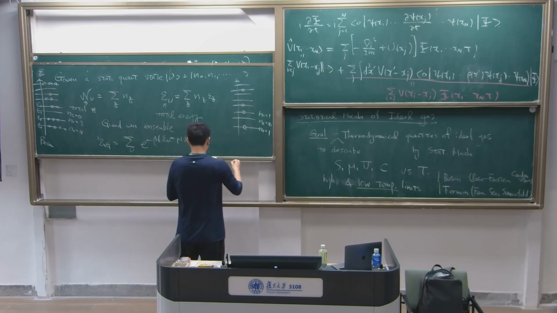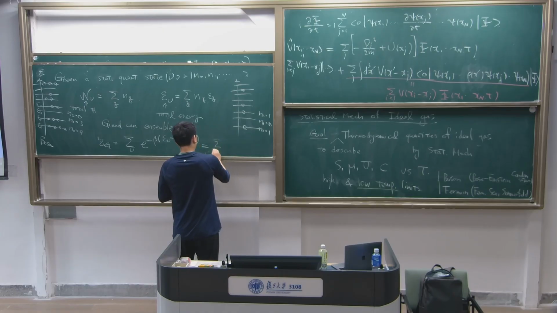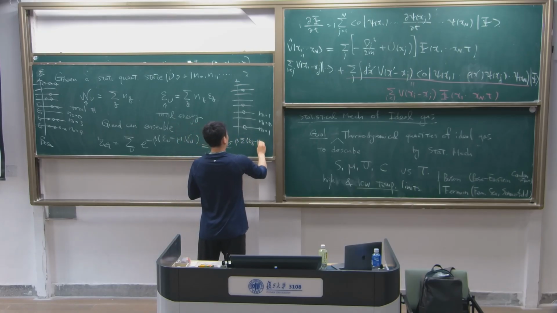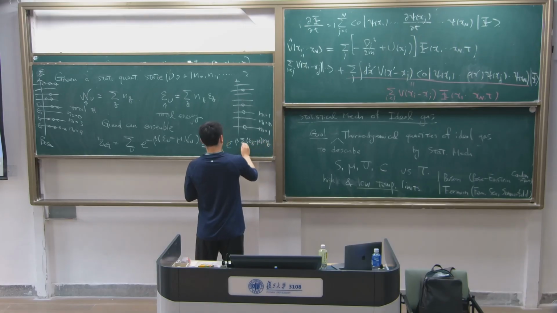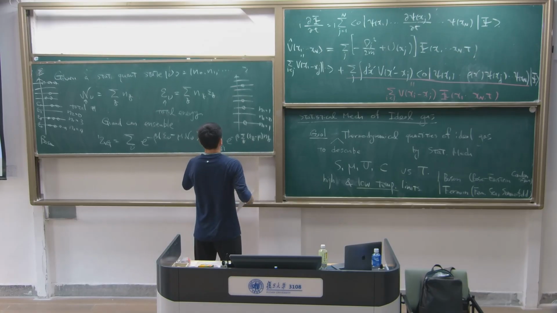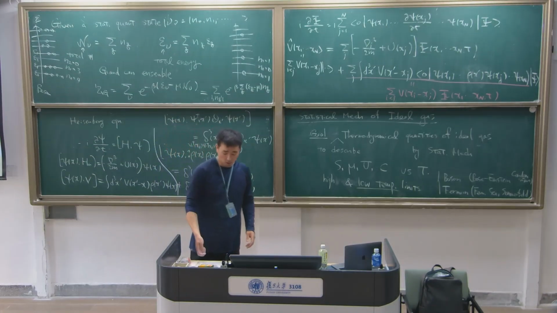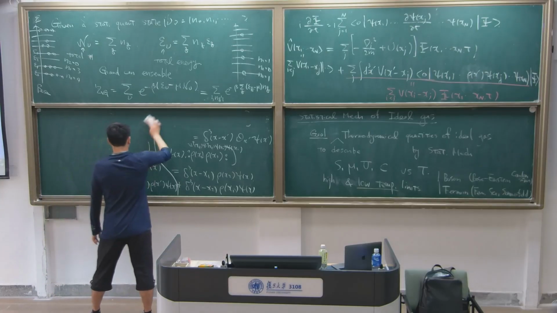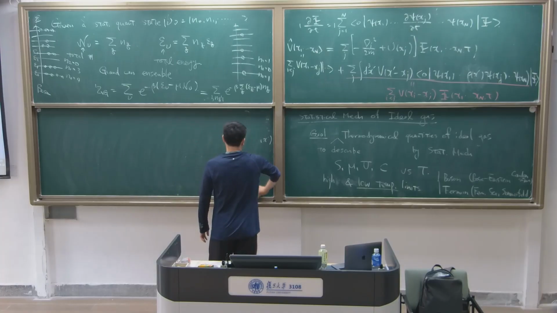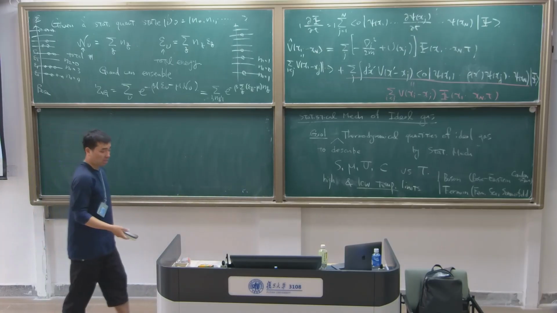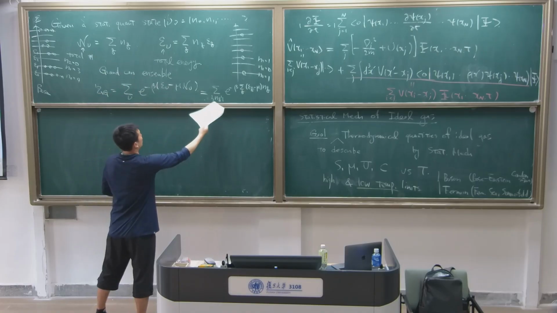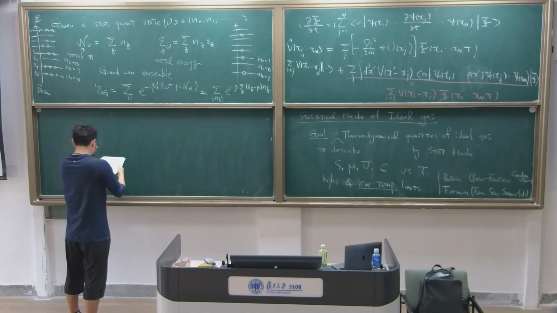So to plug this one into here, what you get is that I just plug in this total number, and you have to sum over all possible configurations.